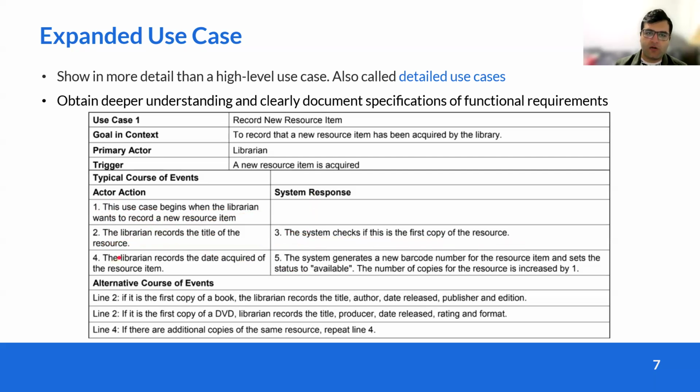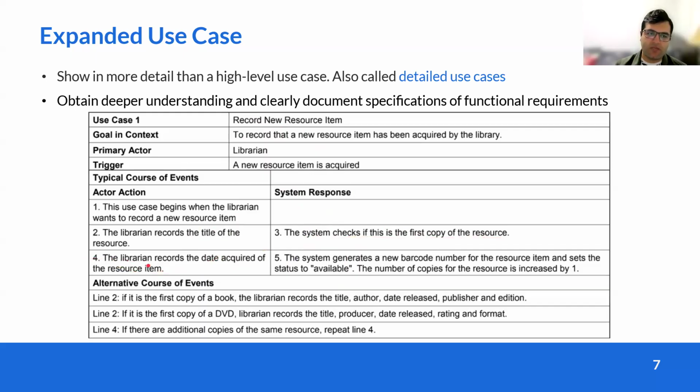Up here, you do the best case scenario, the most detailed scenario. So ideally, this use case is for when it is the first copy and it needs to be recorded. So the system checks.